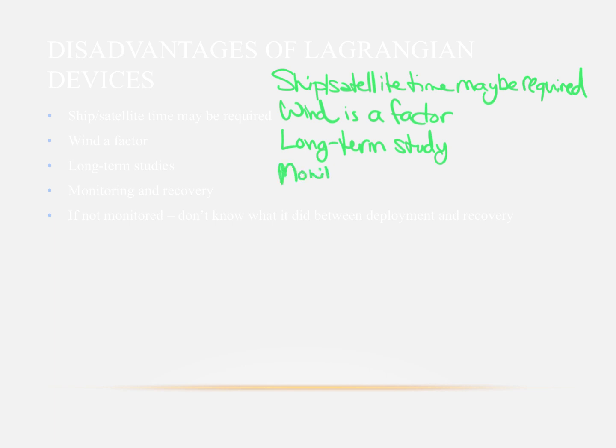There's the monitoring and recovery, and I will say plus maintenance of it. Drifters have to be maintained, recovered at the end of their experiment, preferably.